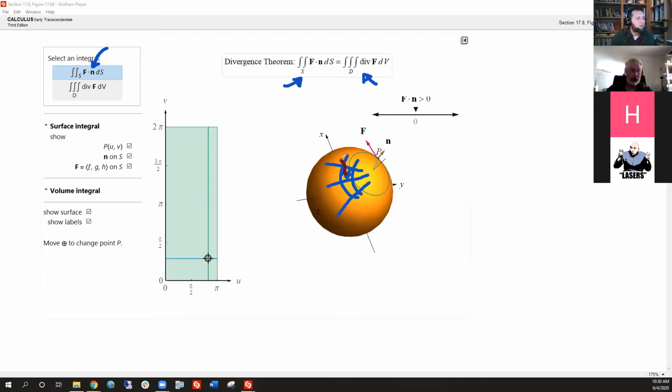Well, we're going to ask ourselves how much of the field is normal to the patch, basically, and we'll weight it by the size of the patch. So that's what's going on on the surface integral side. Ready for the divergence theorem side? Very good. All right, so let's look at the divergence theorem version.